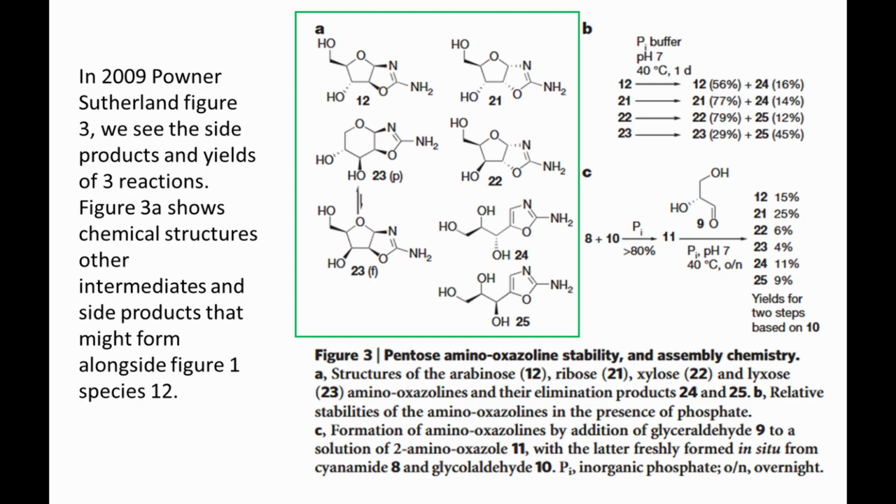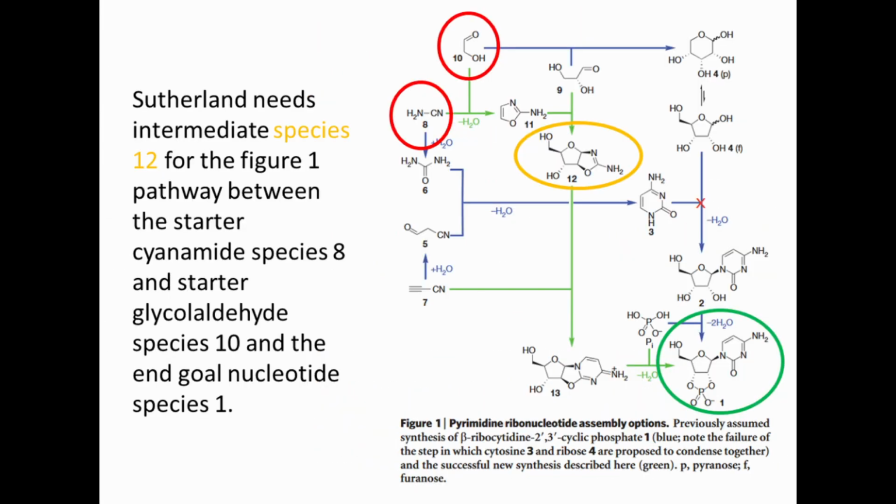In the 2009 Sutherland Figure 3, we see the side products and yields of 3 reactions. Figure 3a shows chemical structures of other intermediates and side products that might form alongside Figure 1 species 12.